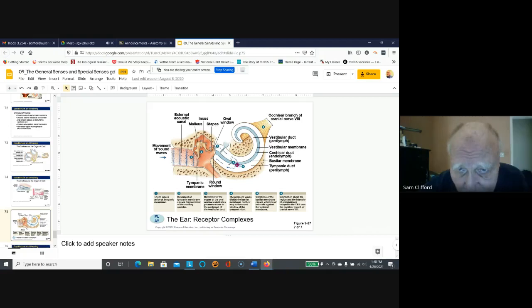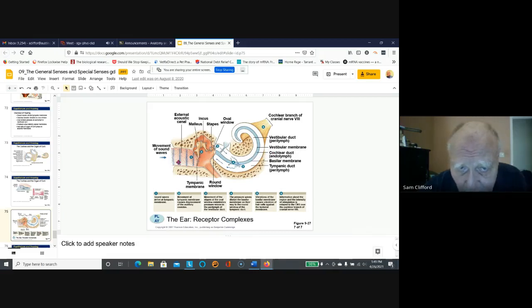So this is where the hearing receptors are located in the basilar membrane. There are various fluids in there that convey the sound vibrations as movement of the fluids. And that's perilymph in the vestibular duct, and there's endolymph in the cochlear duct.